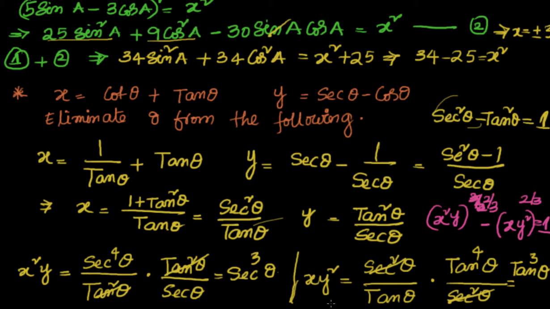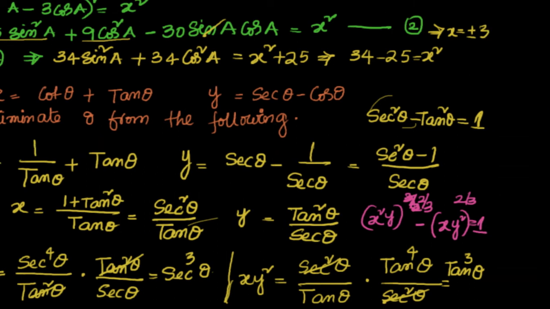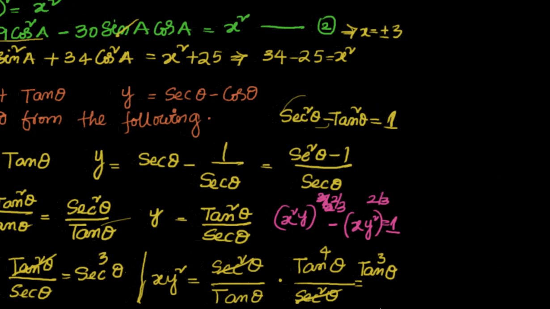What is the answer? Let me write it here. The answer is x square y to the power of 2 by 3 minus xy square whole to the power of 2 by 3 equal to 1. What is the before step for that?